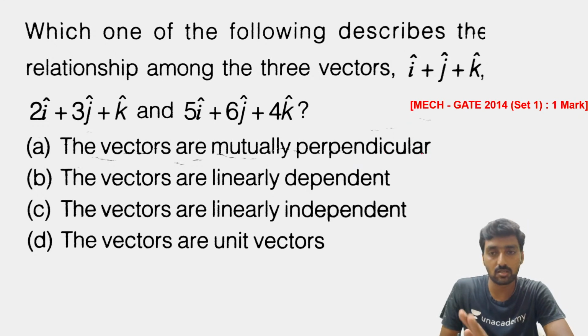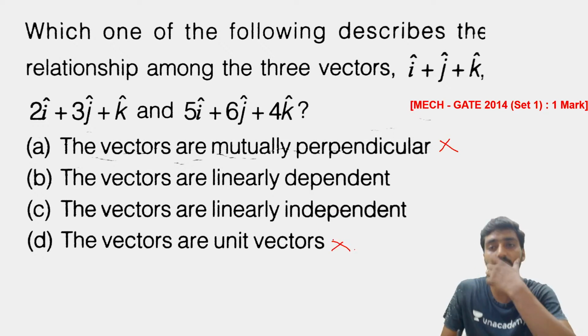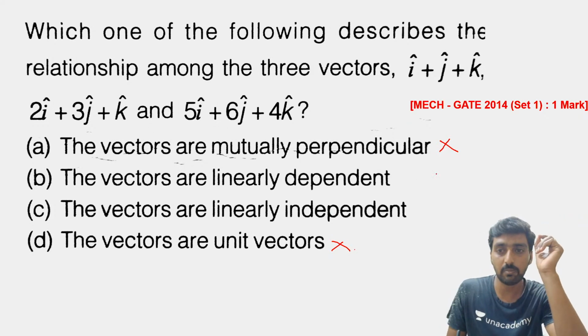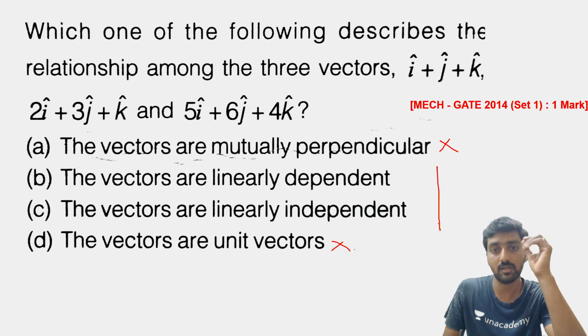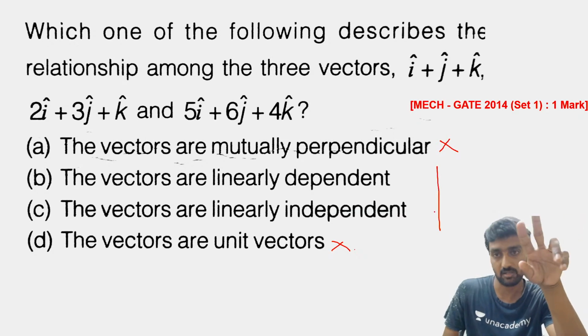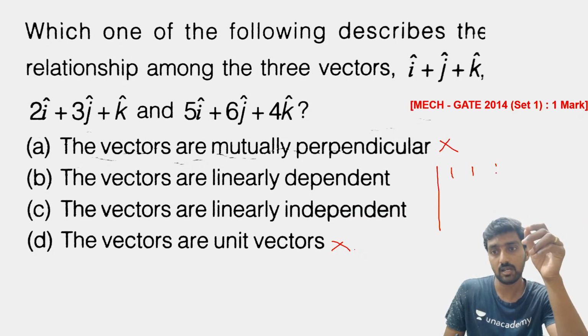No two vectors give a product of 0, so they are not mutually perpendicular. They are not all unit vectors either; only the first is a unit vector. Now, linearly dependent or independent: if the determinant is equal to 0, linearly dependent; if the determinant is not equal to 0, linearly independent.